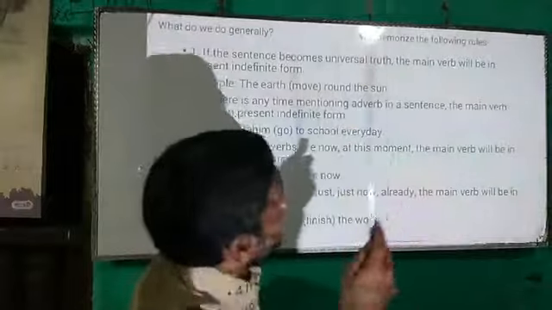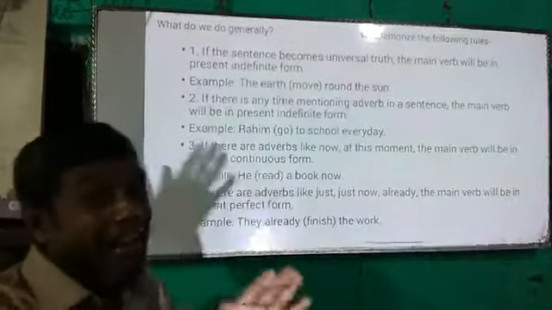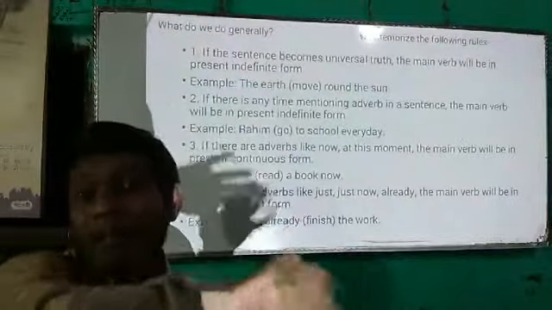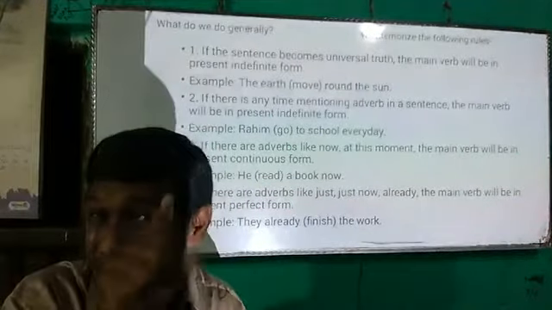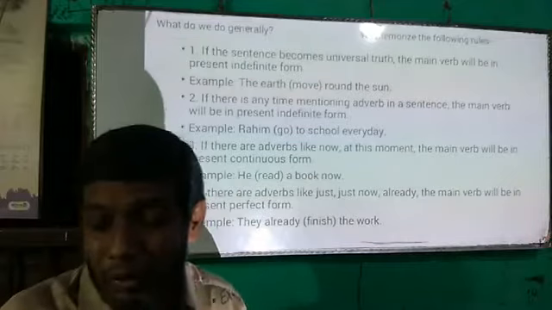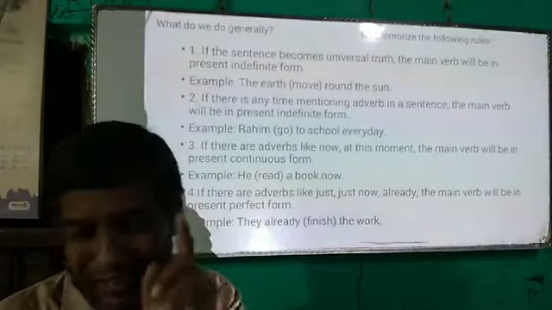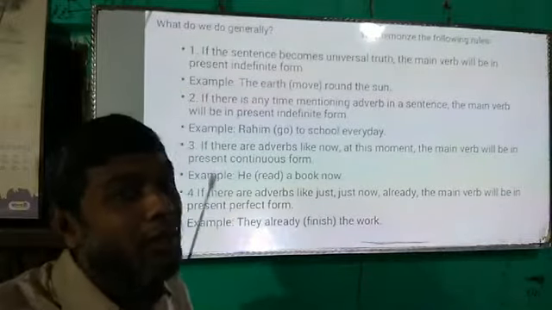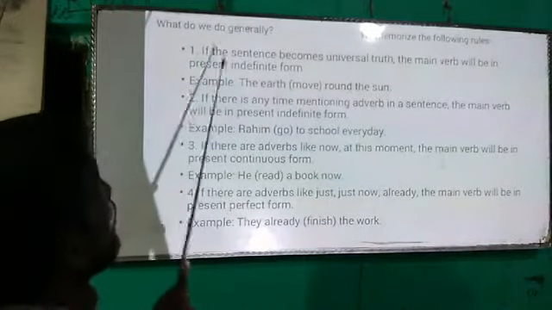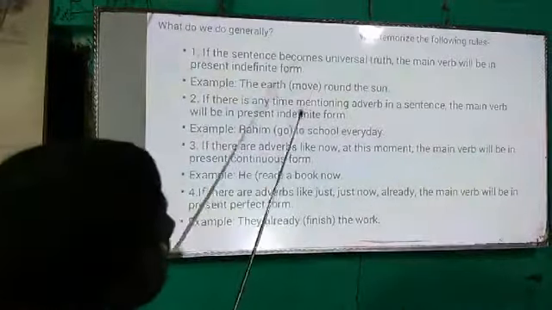We memorize the following rules. I have shown you the questions of what we have to answer at present in the SSC examination, in any examination for classes 9 and 10. But what we generally learn as students, I know what we do. We memorize some rules like this.